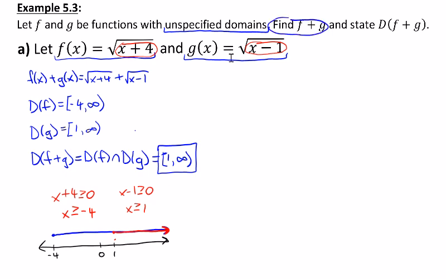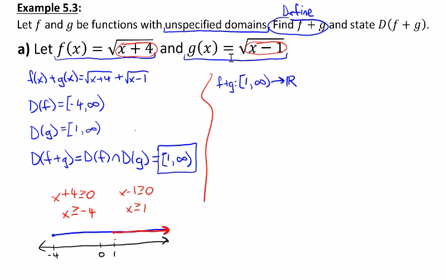When it says find f plus g, it's really asking us to define the function. And in order to define the function, we need both the equation and the domain. So we have everything that we need. Let's just put it all together. The name of this function will be f plus g. The domain we just calculated for this function will be 1 to infinity.